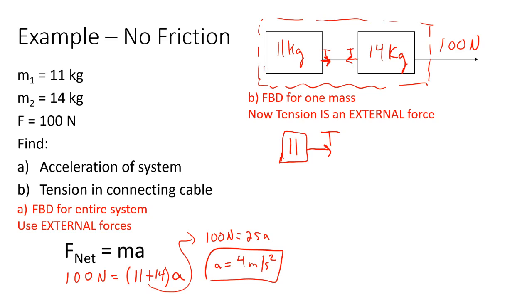And really, when I think of that free body diagram, I'm thinking about drawing my imaginary box around this guy, and there's a free body diagram for that 11 kilogram mass. If I were to choose the 14 kilogram mass, which you can choose either one, because the tension force that we solve for should be the exact same in both.